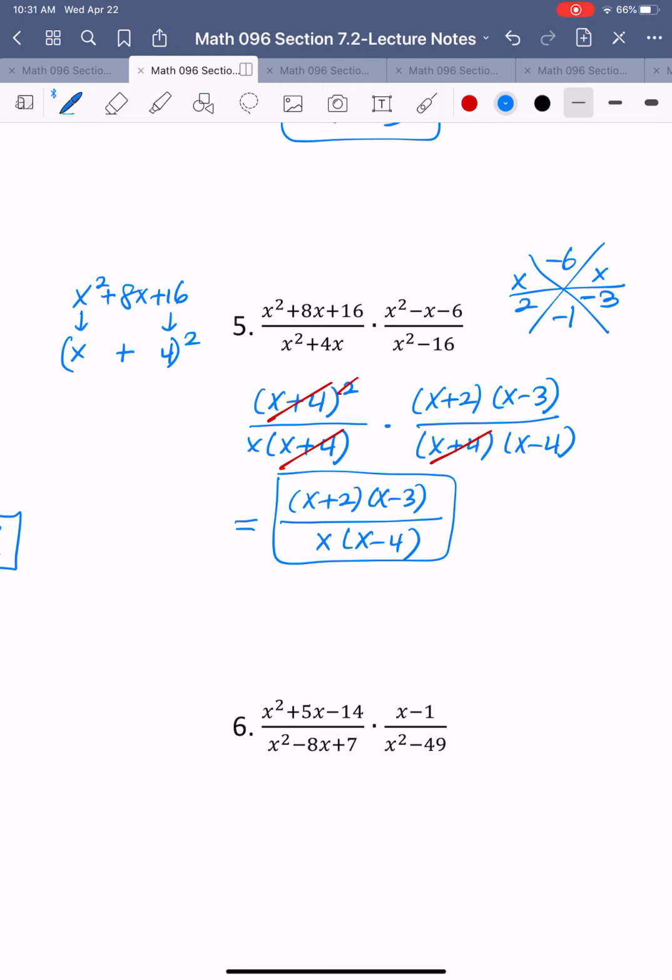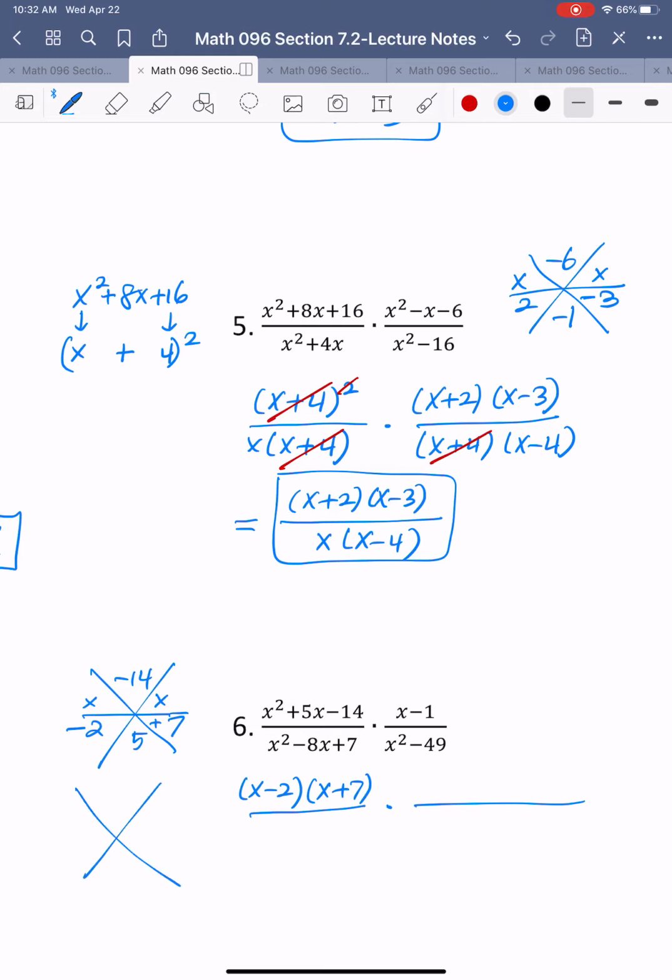Number 6, okay, so we gotta put this to the negative 14. I'm factoring this. And then I put x here, x here. So from the 14, yeah, 2 and 7. But I need a positive, so this must be negative, right? So you got that as x minus 2 times x plus 7 over.